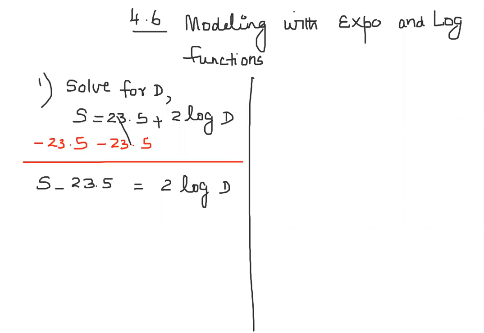So I have to get the log d again, so we have to move the 2 to the other side. We're going to divide by 2, equal to log d. Since we have to solve for d, and this is a logarithmic equation, we have to convert into an exponential equation.